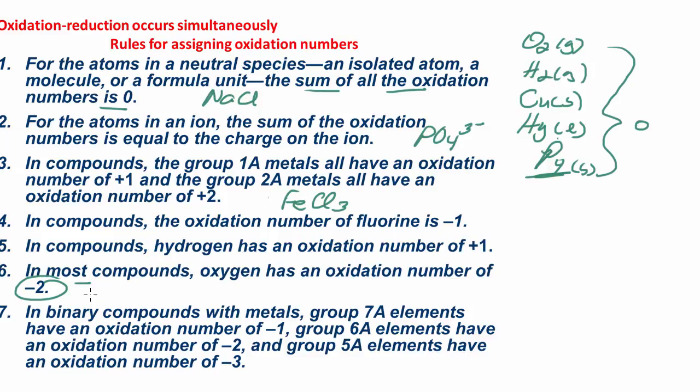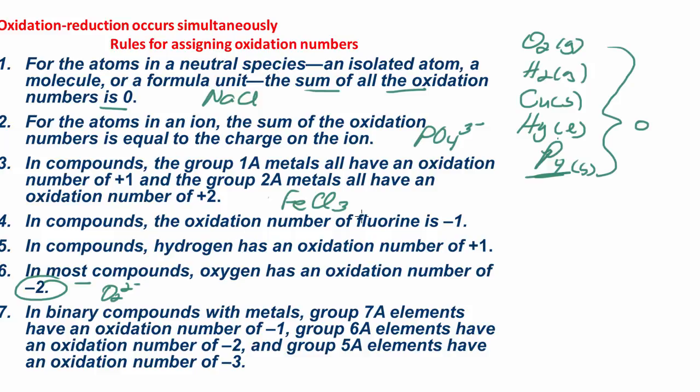The one major exception is in compounds called peroxides, and those contain this ion, and this gives each oxygen atom an oxidation number of -1.